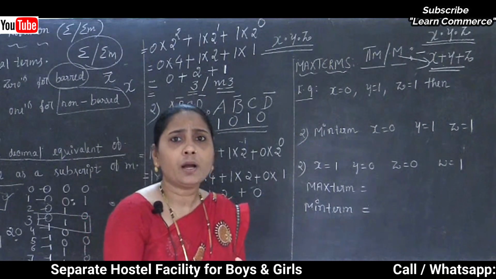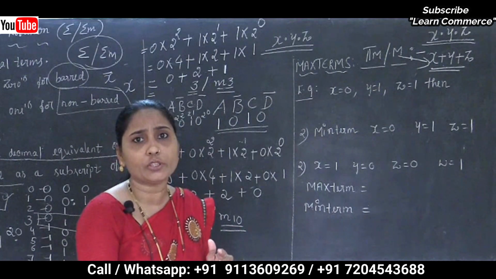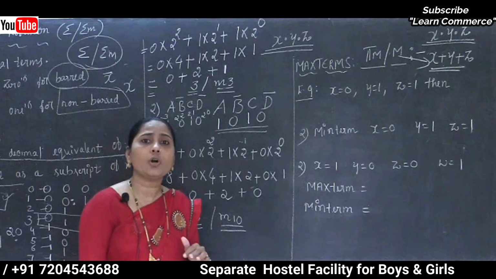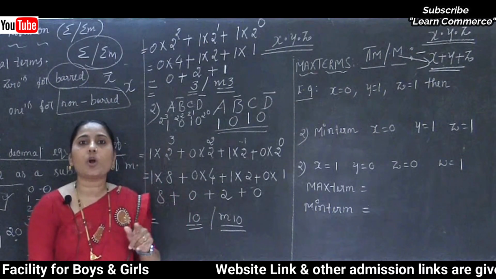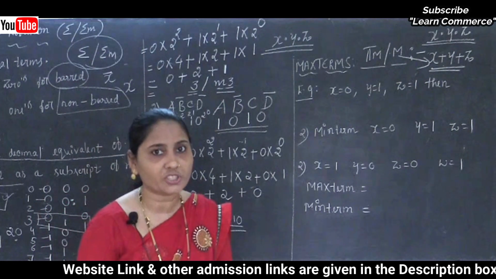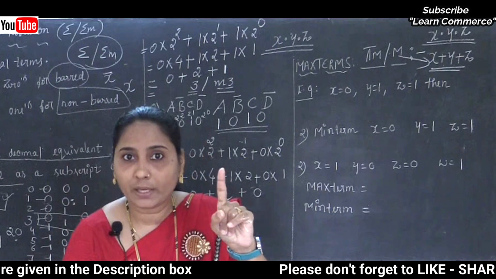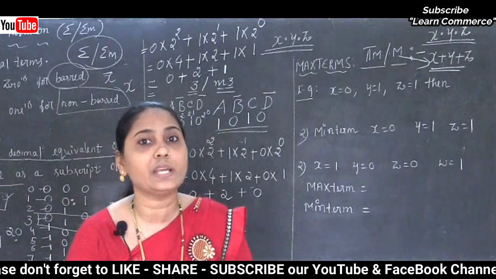Now let's see the meaning, or the example, of how we take the value for 0 and also the value for 1. For Minterm, for a variable with value 0 we use the complement.